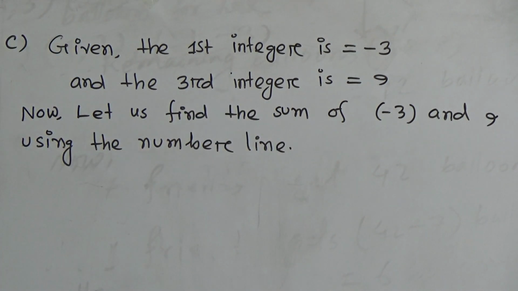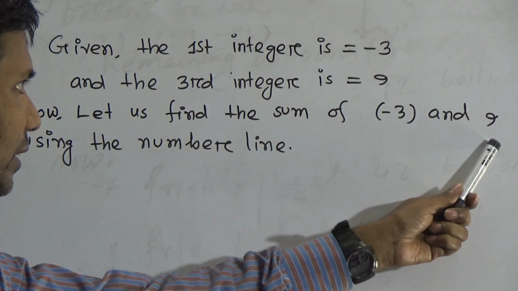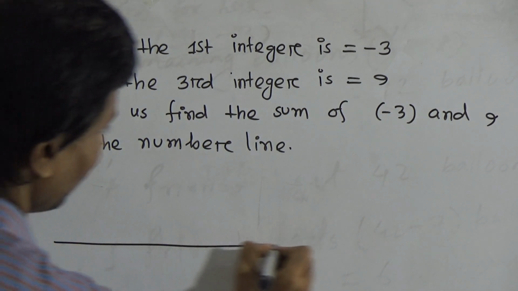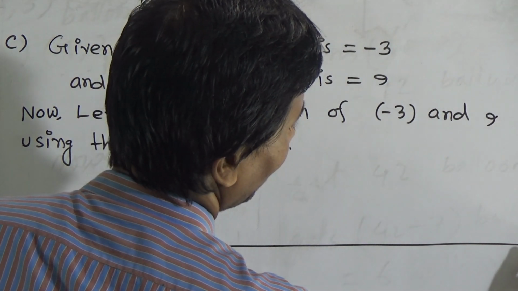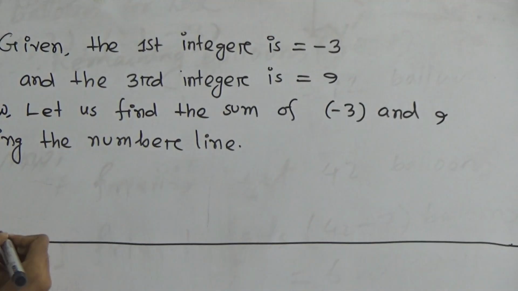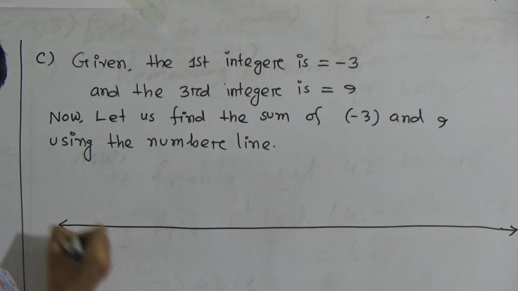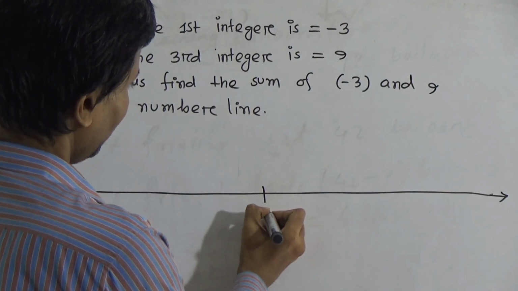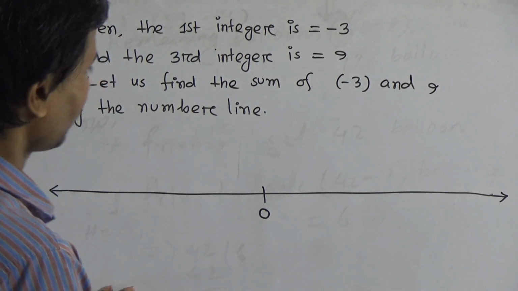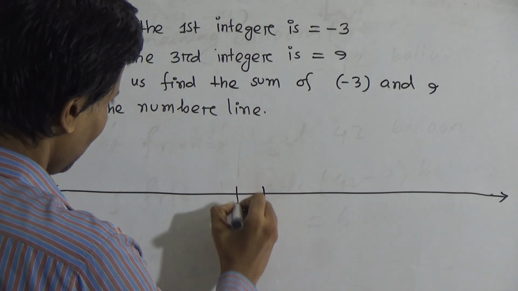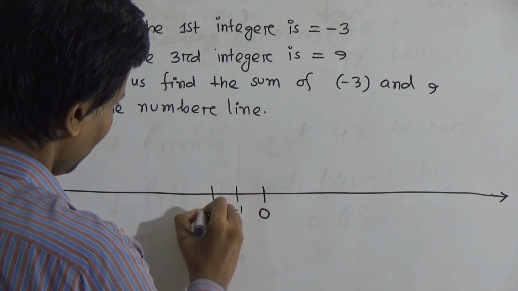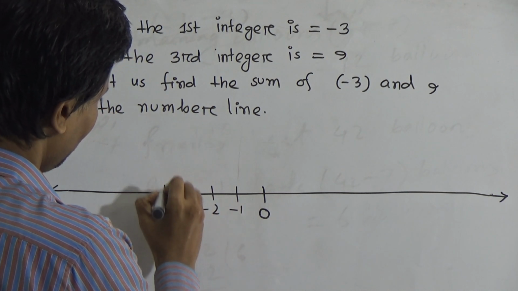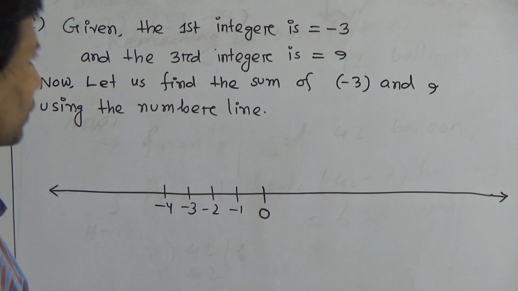Okay, you see this is minus 3 and this is plus 9. Look, at first you draw a number line. This is a number line. You think this is 0, then minus 1, then minus 2, minus 3, minus 4.